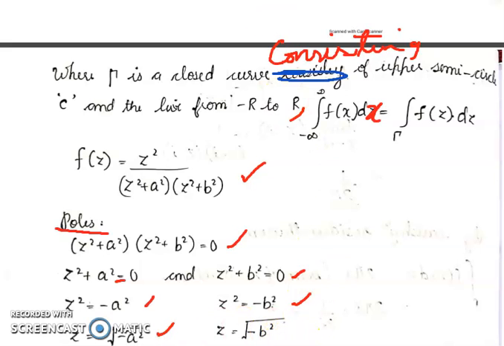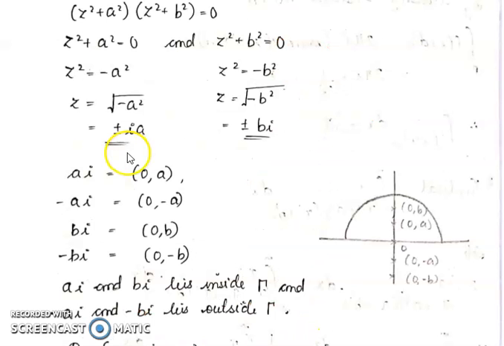The square root of a square is a, but you have a negative sign, so you have to take i also. When you take the square root, it is plus or minus ai. Similarly here, plus or minus bi. Minus 1 means i square, root of i square is i, so we get bi.